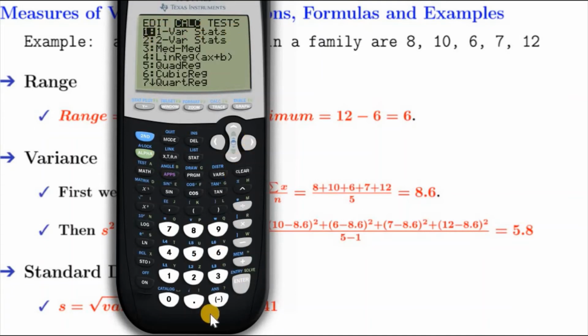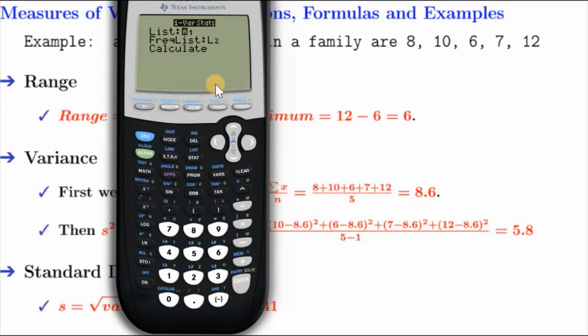Now go to stat, then go to calc. Make sure your one variable stats is highlighted, then hit enter. Then for your list, make sure you have list 1, and for your frequency list, we don't have anything, so we can just delete that. Then now go to calculate, then hit enter.